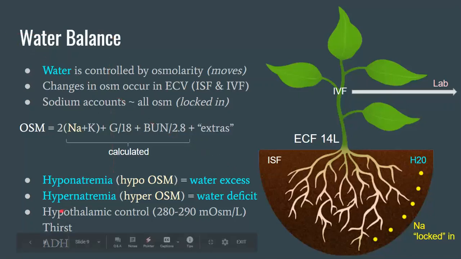remember that your hypernatremic patient, hypernatremic means there's a water deficit in the plasma. So the patient is hyperosmolar. That means there's not enough water there, and it's a very concentrated plasma.